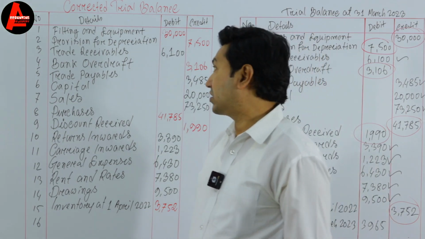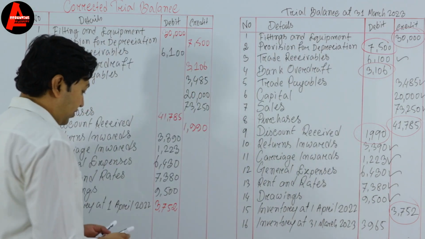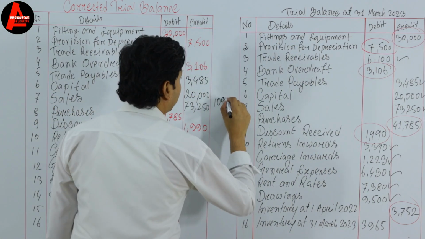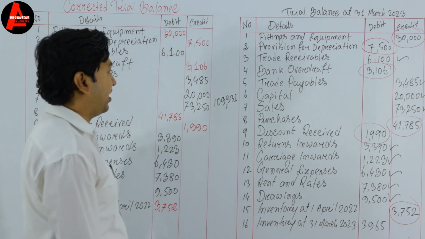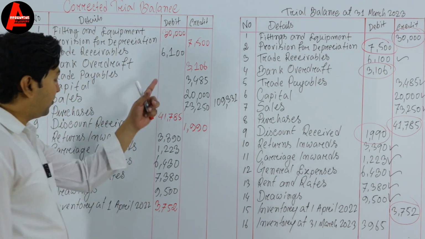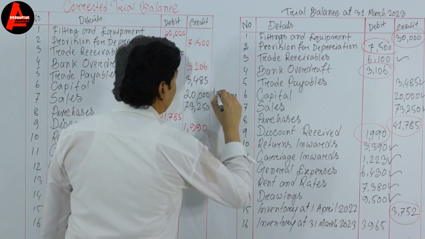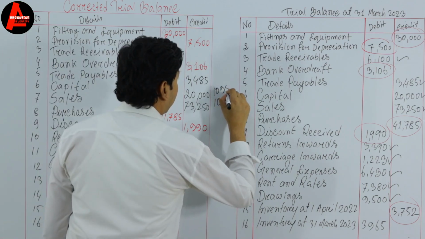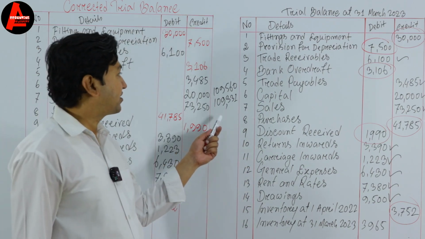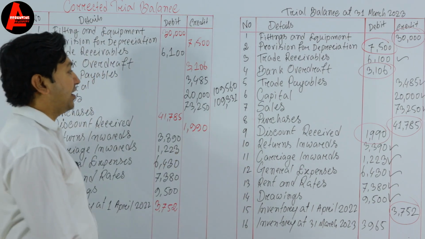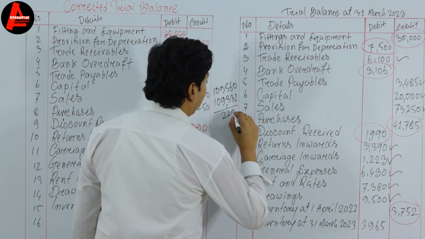Okay, so let us sum up the credit column first. So if we sum up the credit column, we get here 9331. Okay, so this is the addition of the credit column. Okay, now if we sum up the debit column, we find here 109560. Okay, so here debit and credit columns are not the same, so we get here a difference, it is $229.